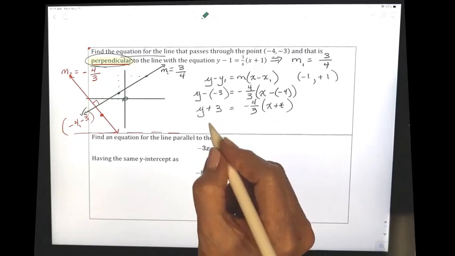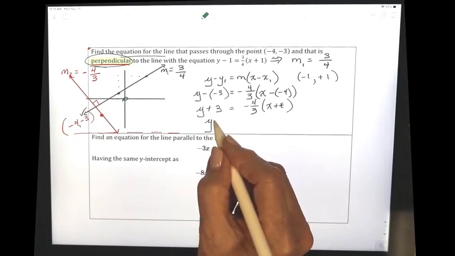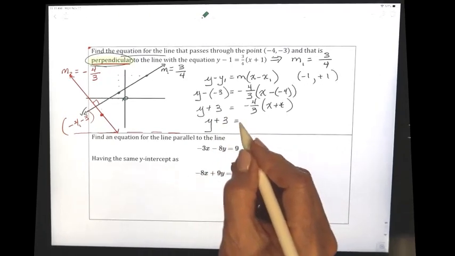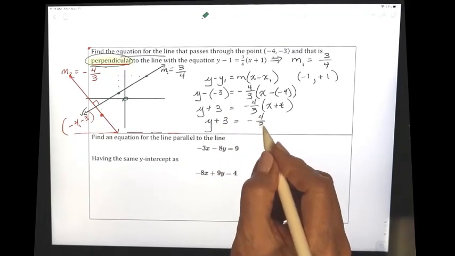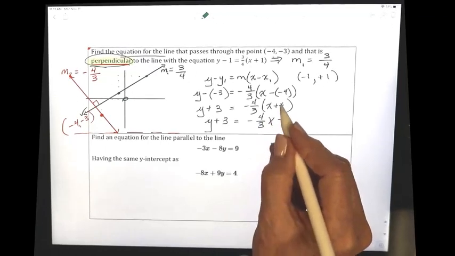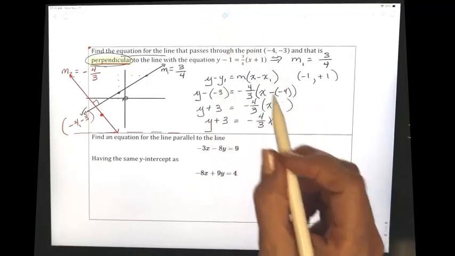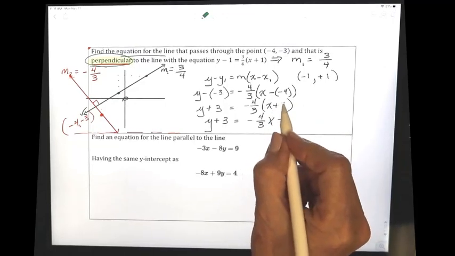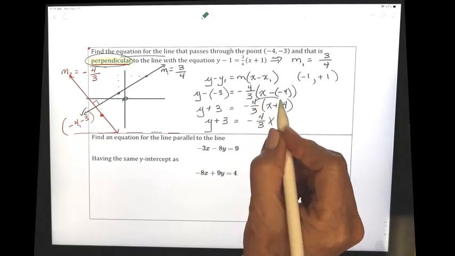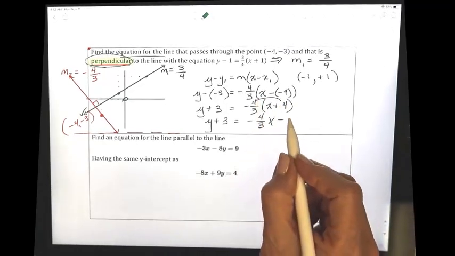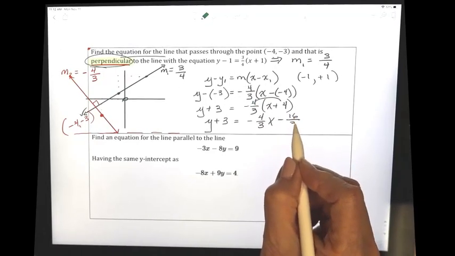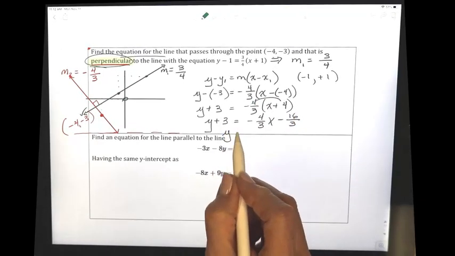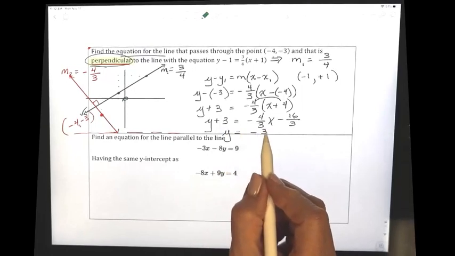If we want to go ahead and put it in slope-intercept form, let me do a couple more steps. I'll distribute the 4/3. It doesn't look much like a 4, does it? Let's change that so it looks a little better. So negative 4/3 times positive 4 is negative 16/3. And I'm running out of space.